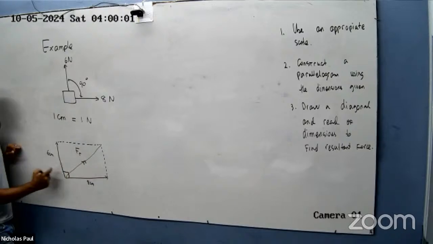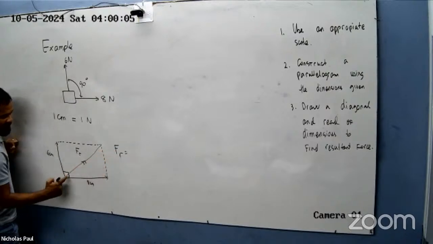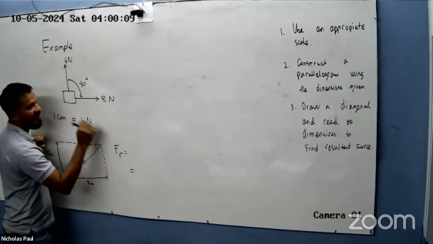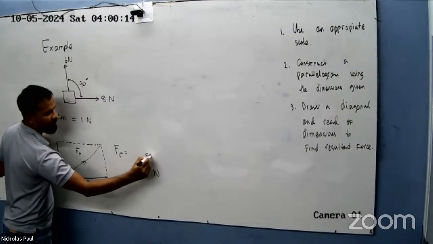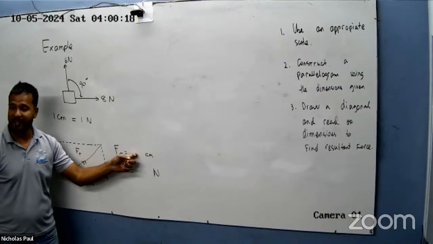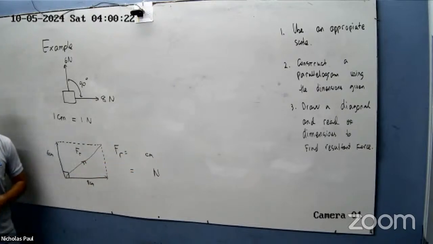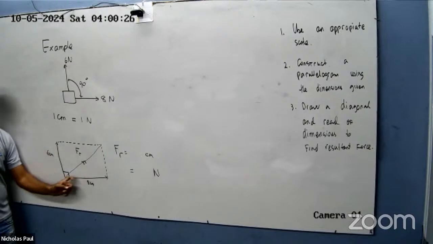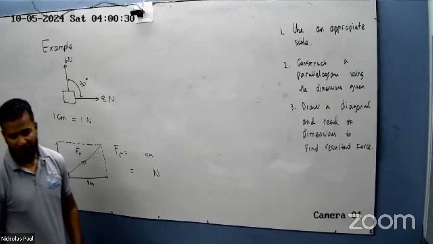To complete this, all we have to do is find the length of this line, which should be a particular value, and then use the scale to convert the value to newtons. 1 to 1. So if we get 20 here, this should also be 20. Take your time. Draw your lines, measure your angle, construct a parallelogram. Go ahead.